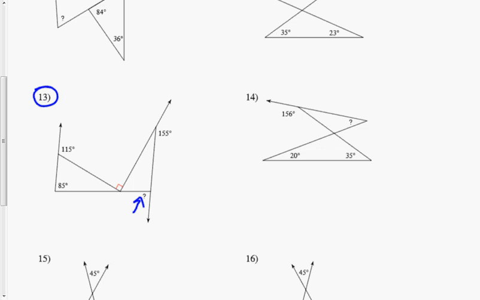So one thing I'm going to do right away is find this one, because we have a linear pair, which adds up to 180. So 180 minus 155 is 25. So that's 25 degrees.